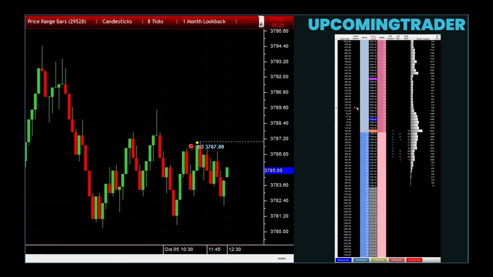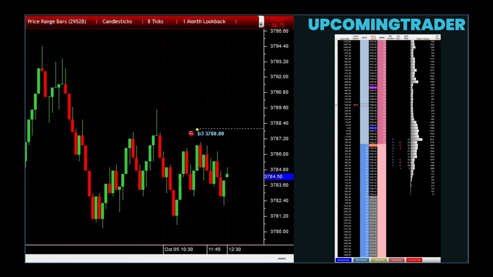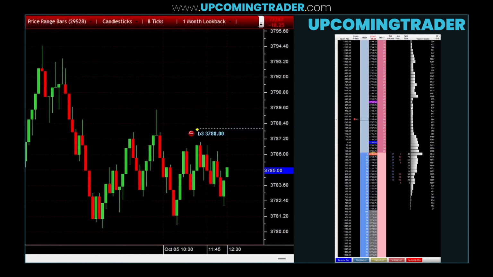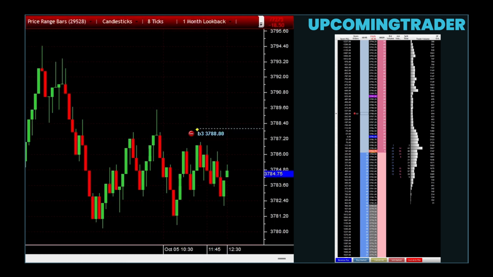Rising 3 methods. This pattern shares a family resemblance with the mat hold pattern, but is typically shorter and involves a clearer sequence of 3 small down days followed by a conclusive up day. The rising 3 methods pattern starts with a long candlestick on an up day, followed by 3 smaller down days that are contained within the range of the first day, and concludes with another long up day that closes above the first day's close.